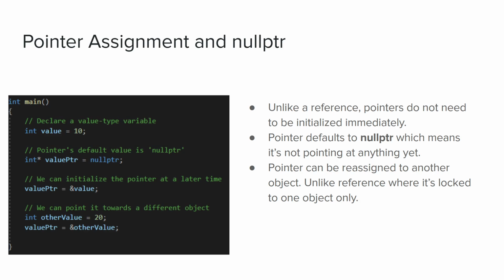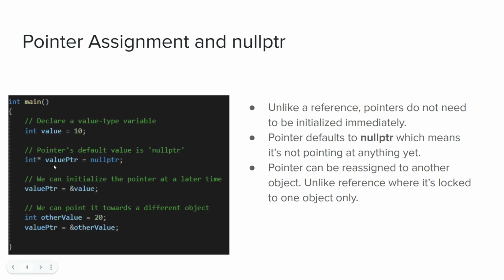We use null pointer, which means it is literally nothing. Initially, the default value of all pointers is a null pointer, only until you assign it to an address. Then it is not a null pointer, but the address of whatever you chose. So pointers can be reassigned to another object.